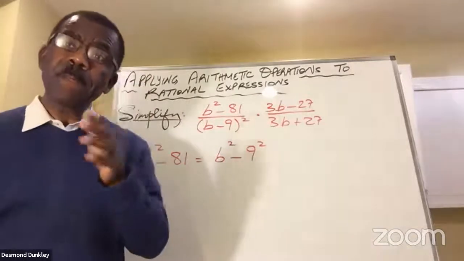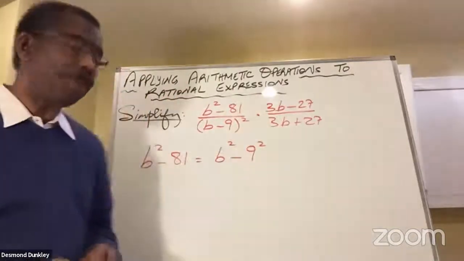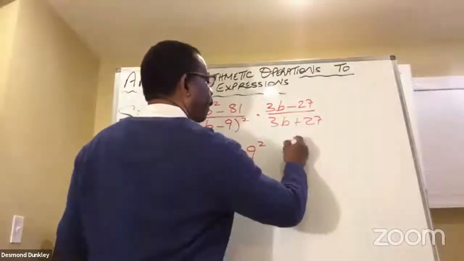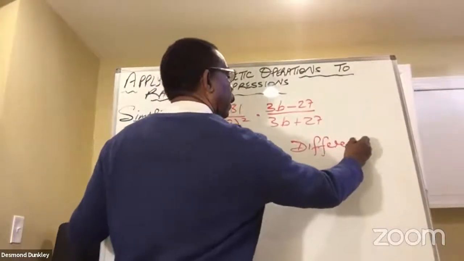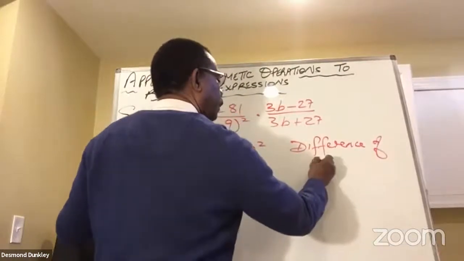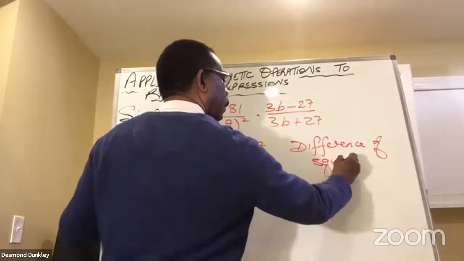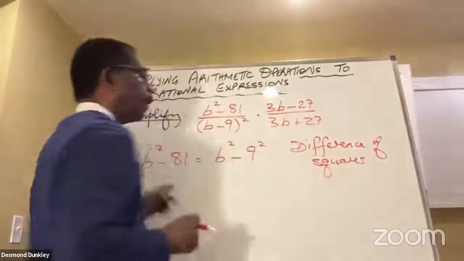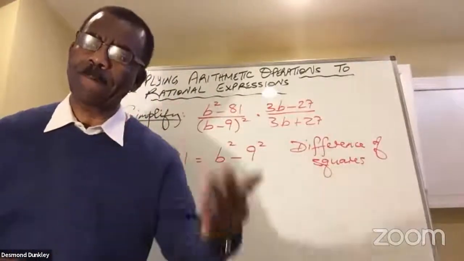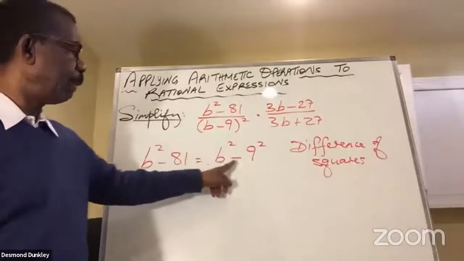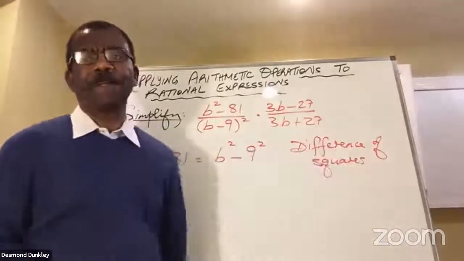It has a name, and it's also very significant in math. It's called difference of squares. In math, another word for subtract is the difference. Find the difference, you subtract. So you see the minus is the difference, okay?